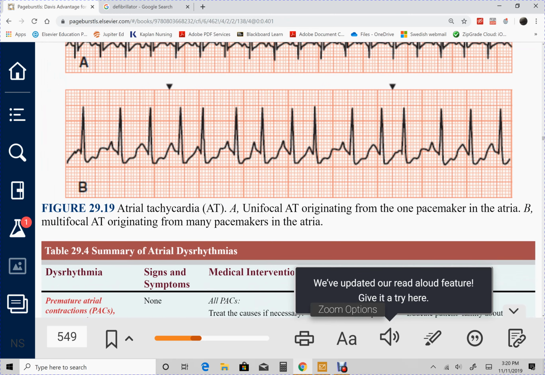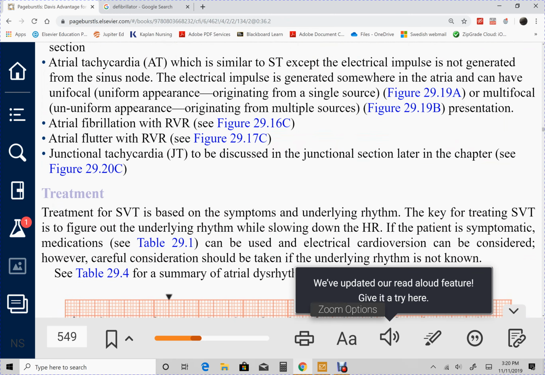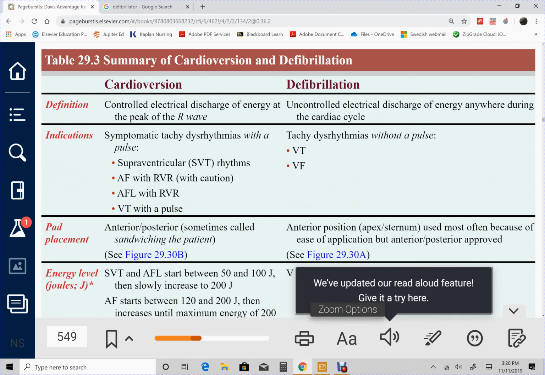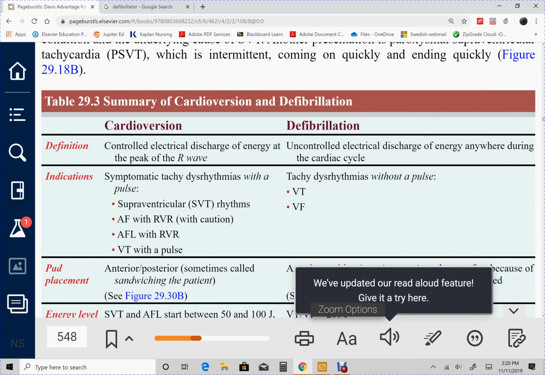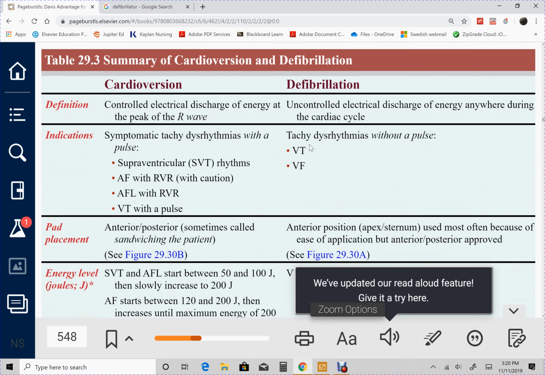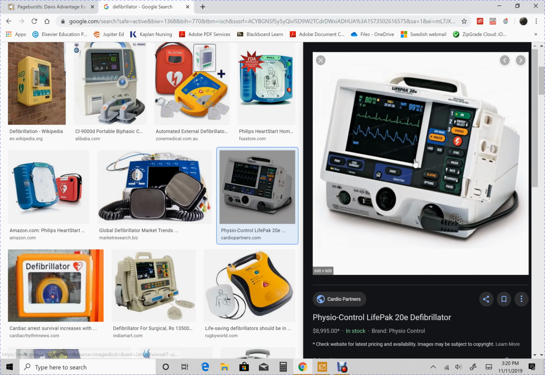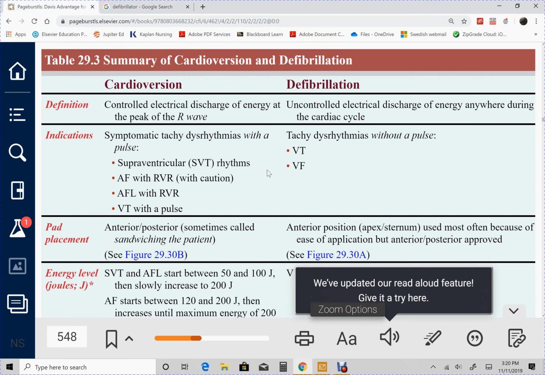Before I forget, let's go back to the table comparing cardioversion and defibrillation. As I briefly described earlier, this is the same exact machine. Okay, here is your defibrillator cardioverter. This is the life pack, and this is the difference between the two.